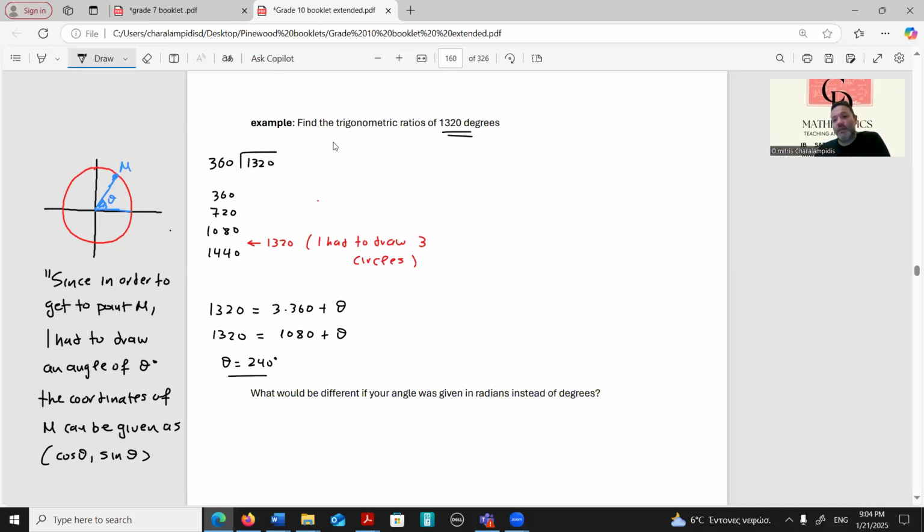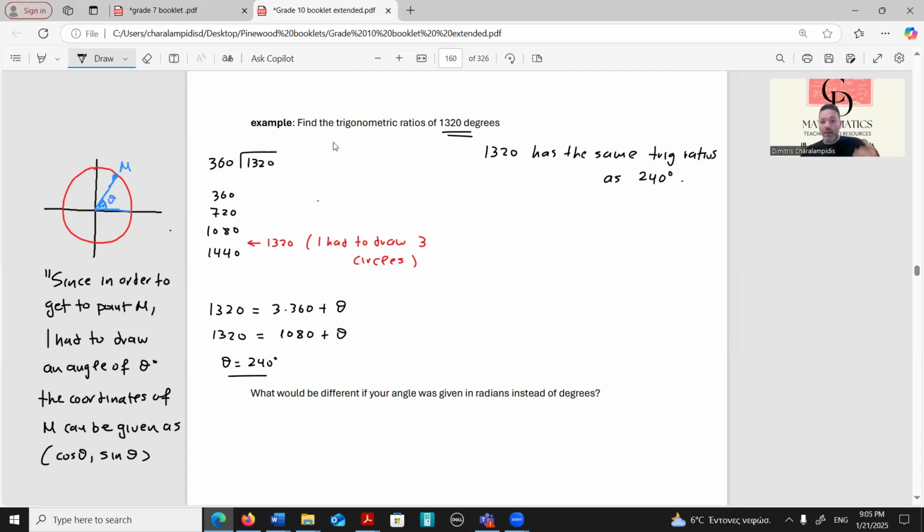What does this mean? This means that 1320 has the same trig ratios as the angle of 240 degrees. So now we managed to find an equivalent way of acting.